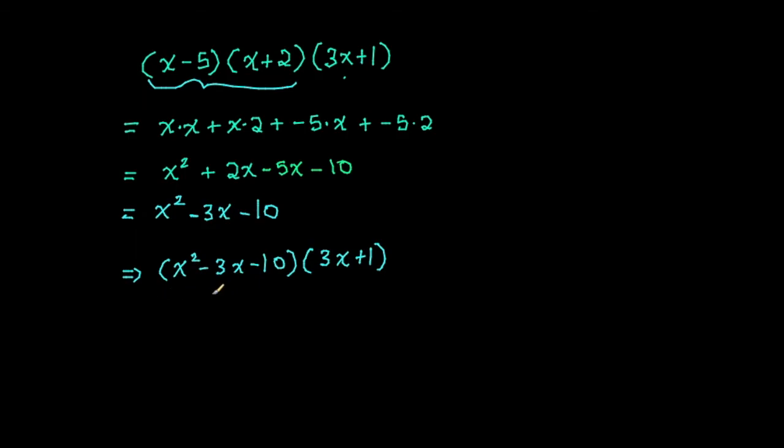Okay, and again, same idea. Even though now we have three different terms here, we just multiply each term in one expression by each term in the other expression, and we add everything up. So first we start with x squared times 3x. And then we add to that x squared times 1. And then we add to that negative 3x times 3x, so minus 3x times 3x.